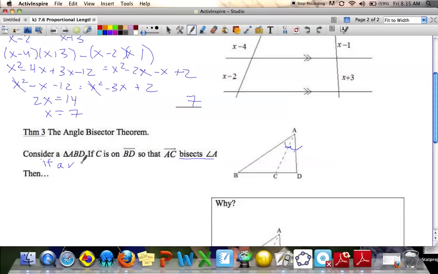If a ray bisects an angle in a triangle, it divides the opposite sides into segments proportional to the other two sides.